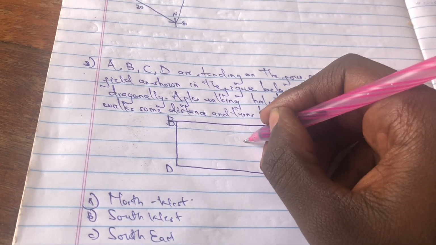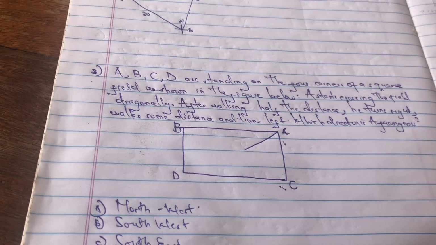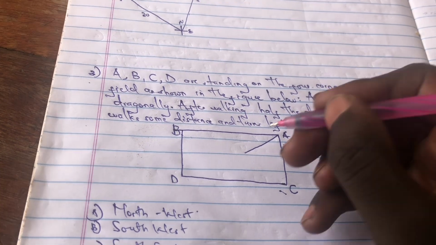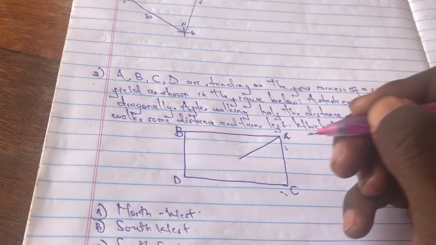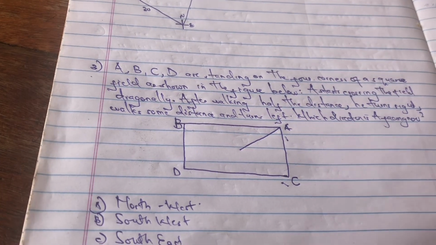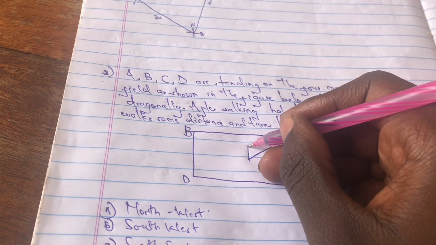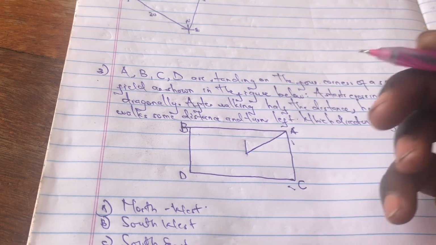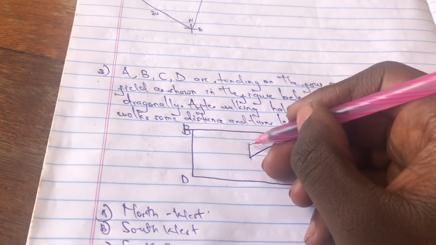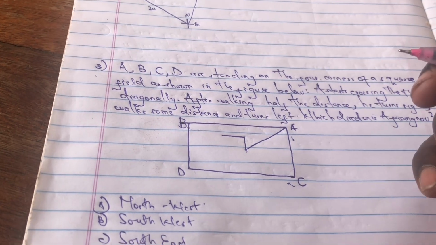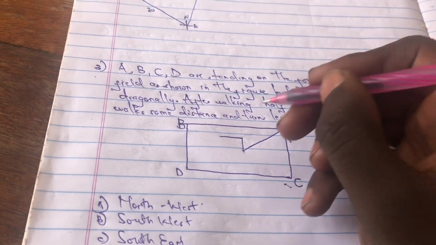After walking half the distance, let's assume this is half of the distance diagonally, he turns right and walks some distance. And then after, he turns left and walks some distance. Then they are asking which direction is he facing now?